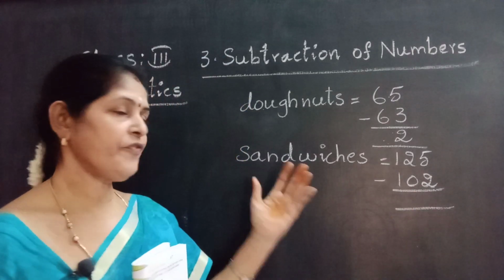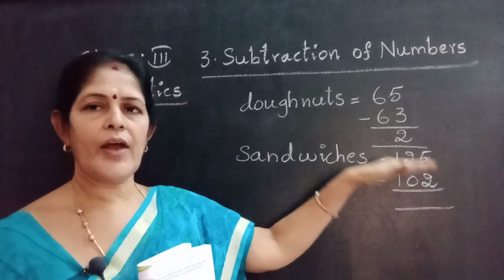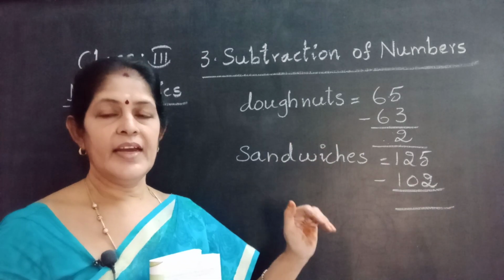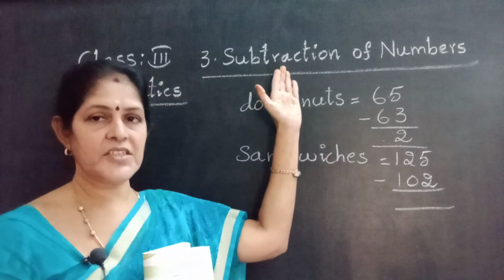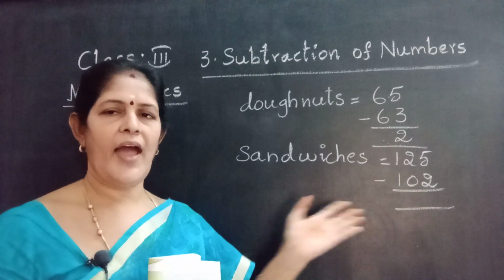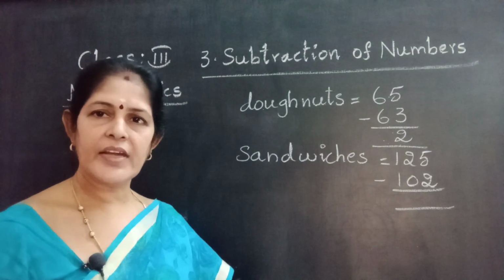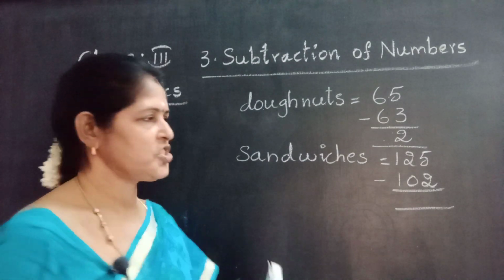How do you get the left sandwiches? We take away 102 from 125. Taken away means subtraction. 102 subtracted from 125, then we get how many are left. Left is the clue word for subtraction.